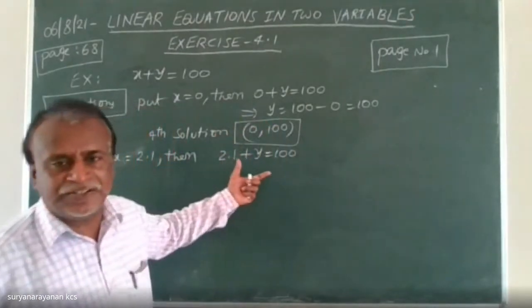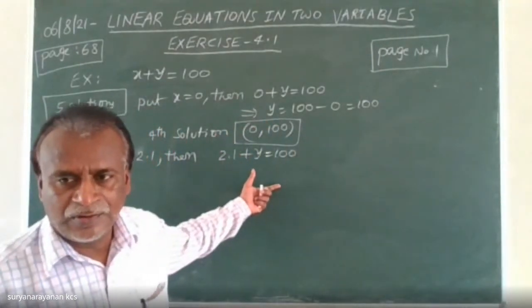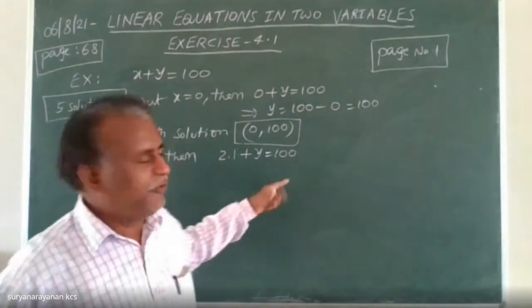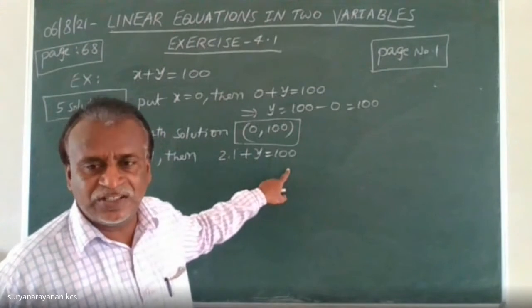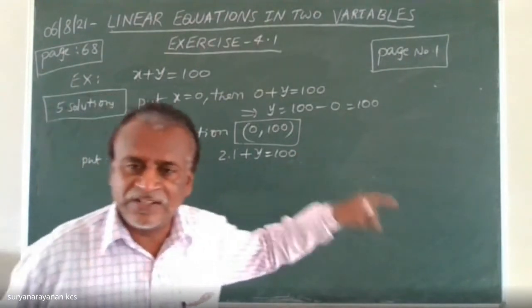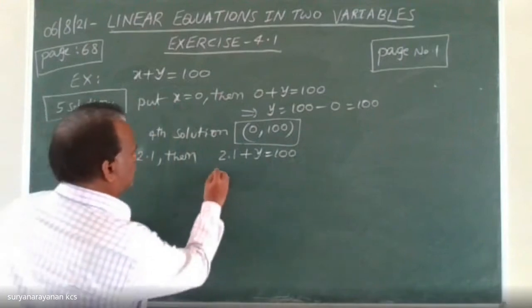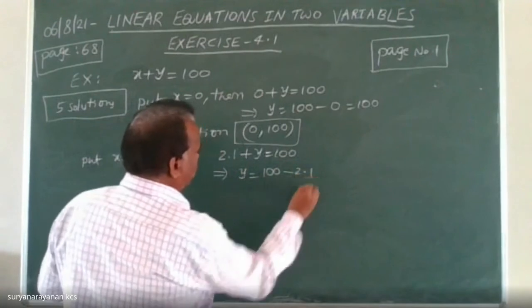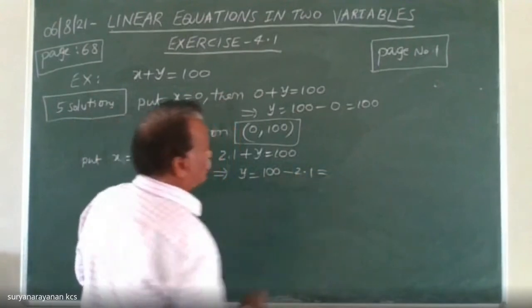Yes, this is the equation you get after substituting x is equal to 2.1. It is a simple equation in y. Now let us solve this equation. So y is equal to 100 minus 2.1.